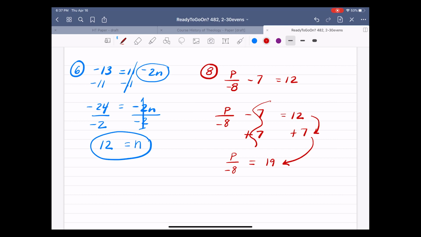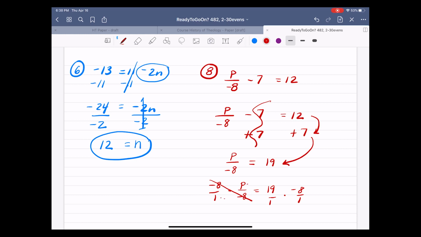Now I have p divided by negative 8 equals 19. The inverse of divided by negative 8 is multiply by a negative 8. If I multiply the left, I've got to multiply the right. Negative 8 and negative 8 cancel out. I'm left with p over 1.